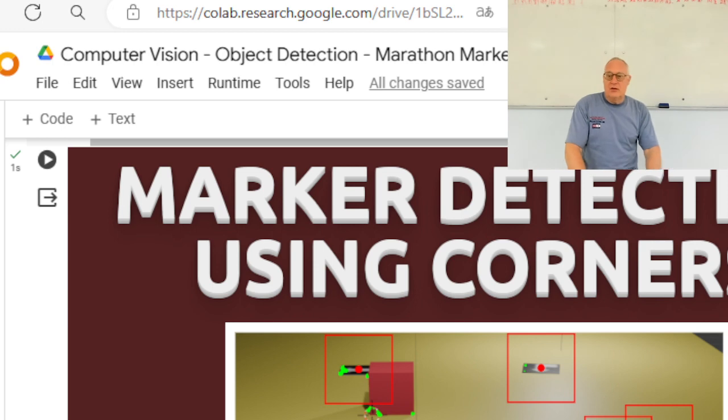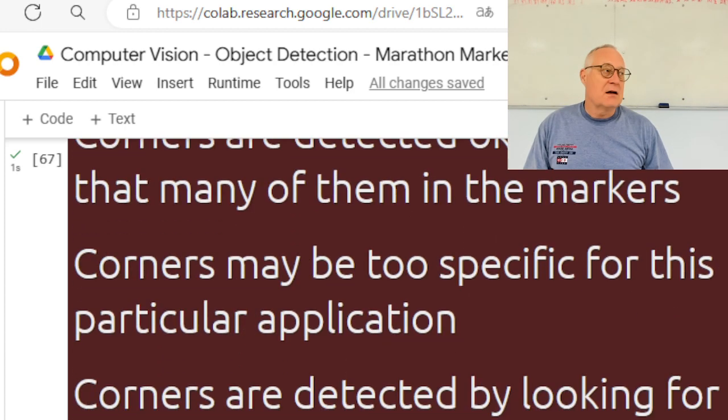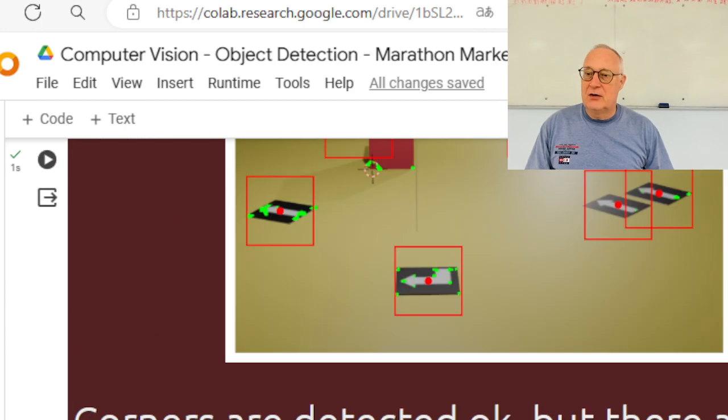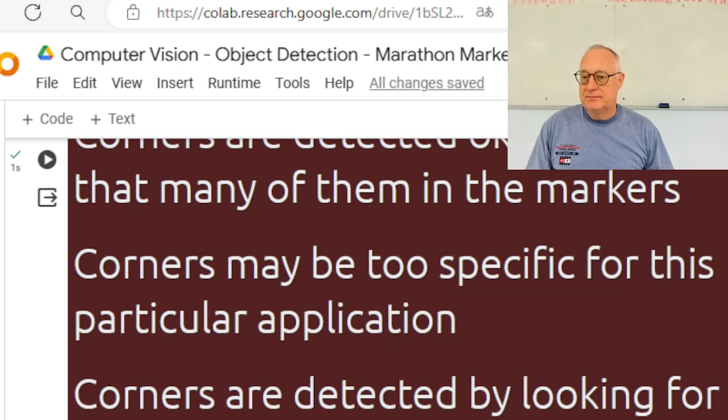I would like to include them, and the way to do that would be to look at the gradient directly, right? So instead of basing our classifier on the corner points, we would base our classifier on the gradients in the image.